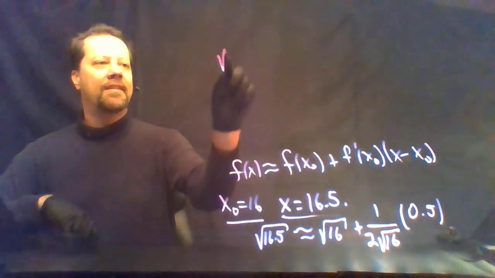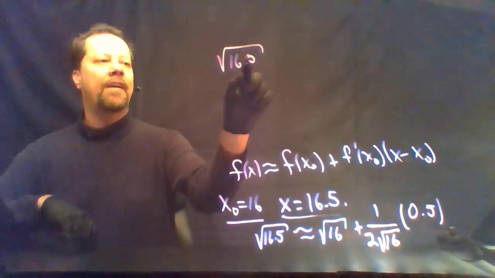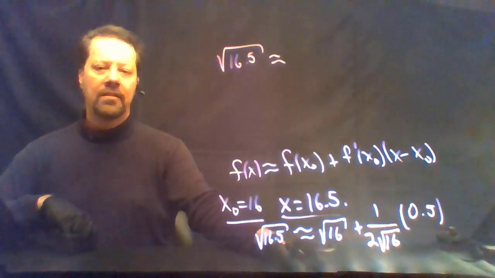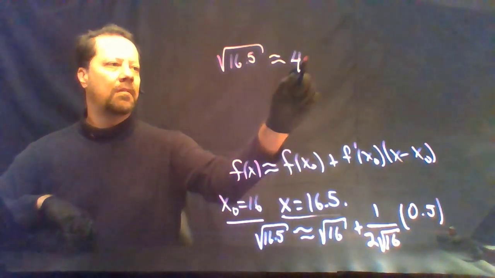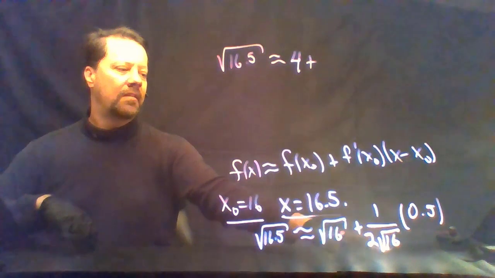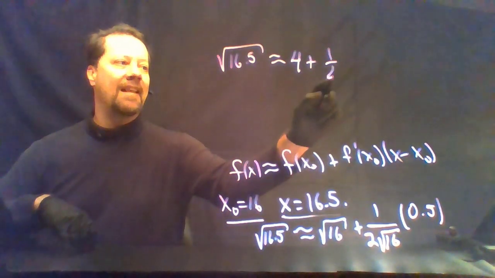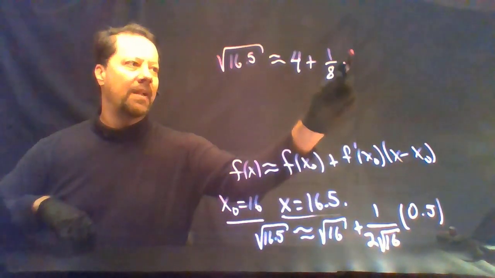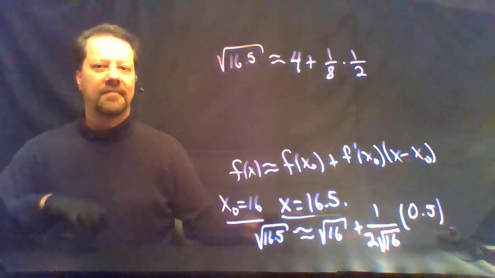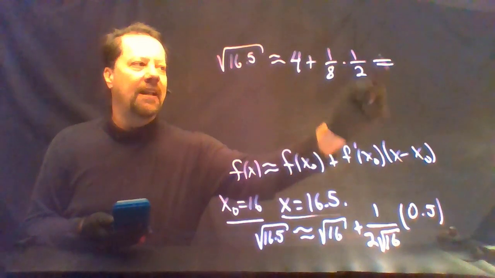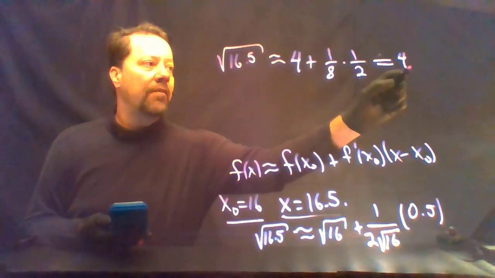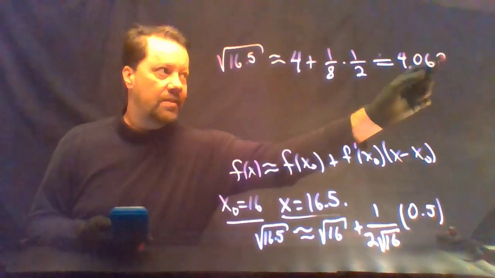It follows then that the square root of 16.5 is approximately 4 plus 1/8 times 1/2. Crunching these numbers on my calculator, I get 4.0625.